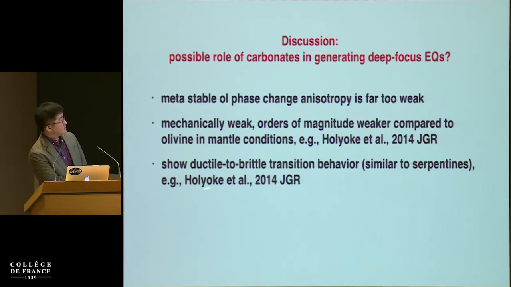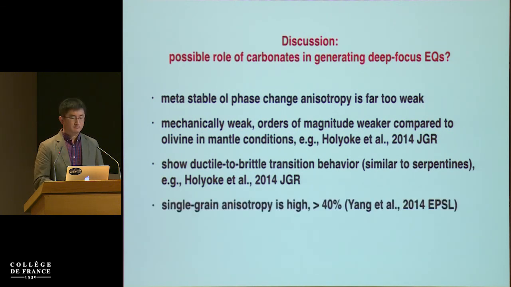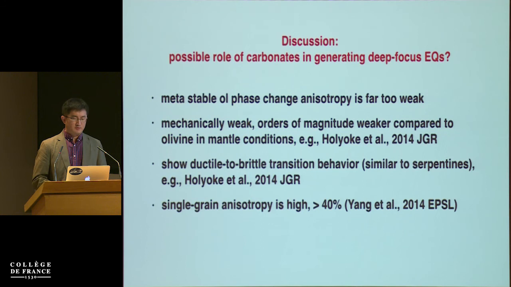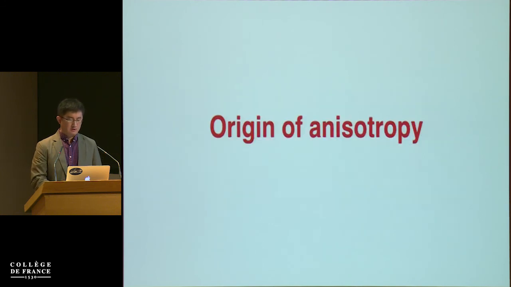So it's in this Holyoke paper. A single grain anisotropy is high, but I don't really need this high anisotropy single grain, because I think we don't need the inclusion to be highly anisotropic in order to generate effective anisotropy. So some ideas about origin of anisotropy.